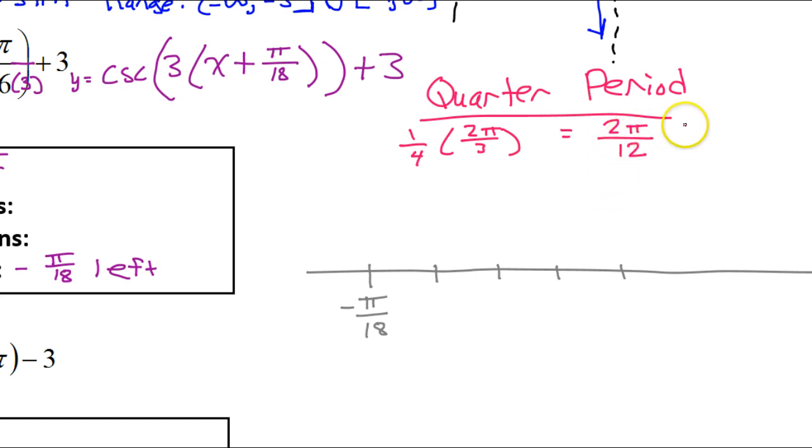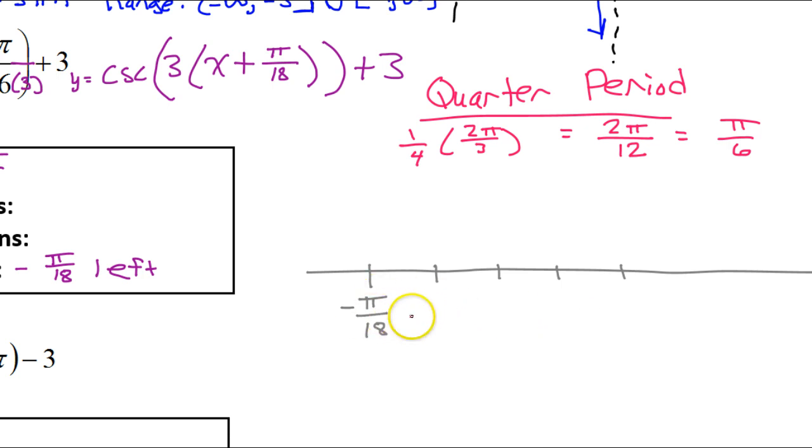And that simplifies down to pi over 6. So pi over 6 is a quarter period. That means every one of these marks should be pi over 6 more than the previous mark. So if I start from my phase shift, I should be able to get all the other marks by adding pi over 6, adding pi over 6, adding pi over 6. So that's what I'm about to do.